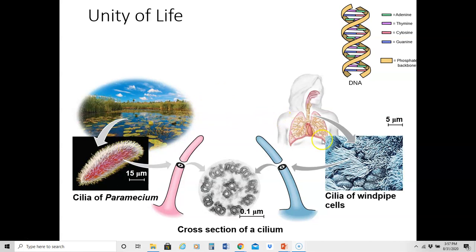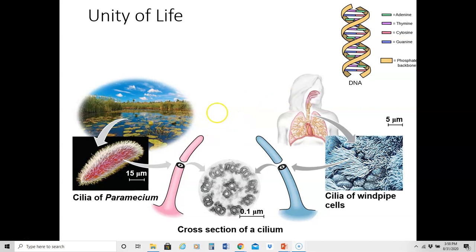We have cilia also found in humans in the windpipe or trachea. What the cilia of the windpipe do is they force debris that we breathe in. It sweeps those debris back out through our trachea so that we can cough them up.